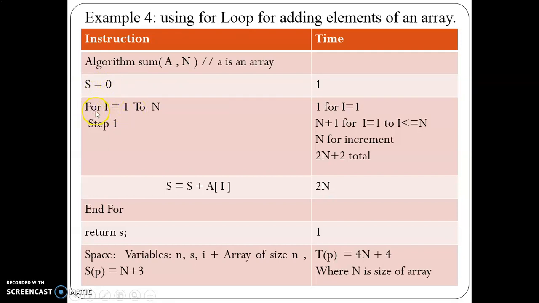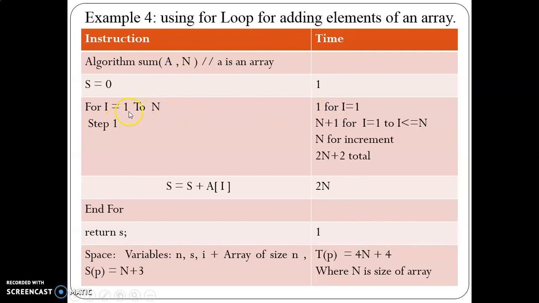Now we are executing a for loop from 1 to n with a step size of 1, and in this for loop we are calculating S is equal to S plus A of I, and in the end we are returning S as the answer. Now here this assignment is going to take 1 operation. This for loop, the assignment I is equal to 1, will take 1 operation.